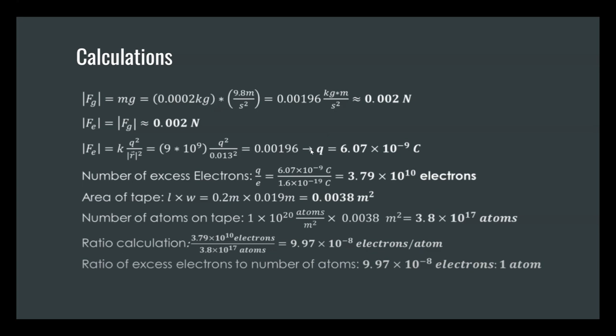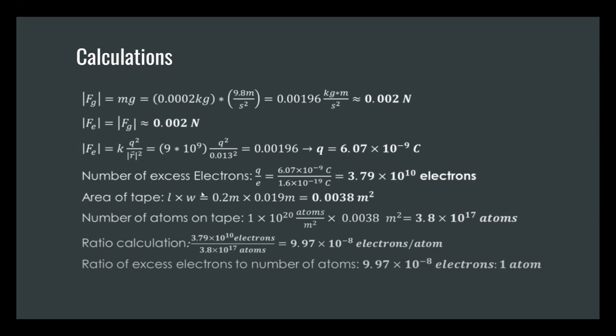To find Q, we plugged in everything we needed using Coulomb's law to get Q equals 6.07 times 10 to the negative 9 coulombs. And to calculate the number of excess electrons, we can then take Q over e. By filling that formula out, we get 3.79 times 10 to the 10th electrons. So that's how many excess we have on the tape.